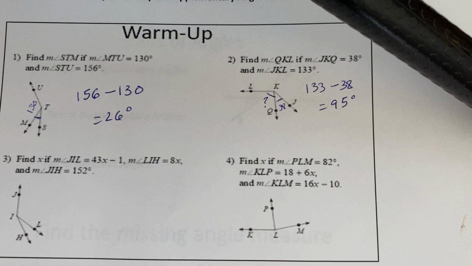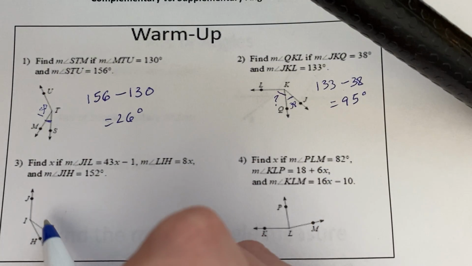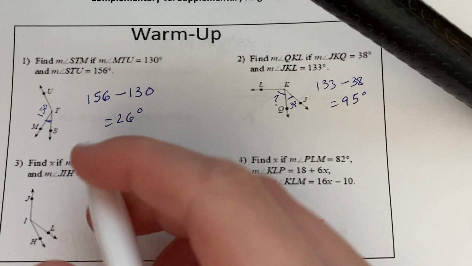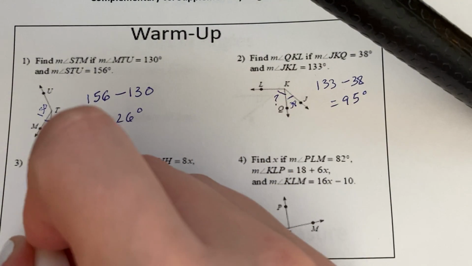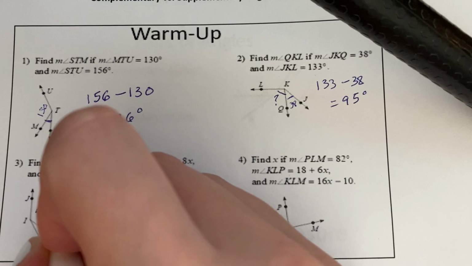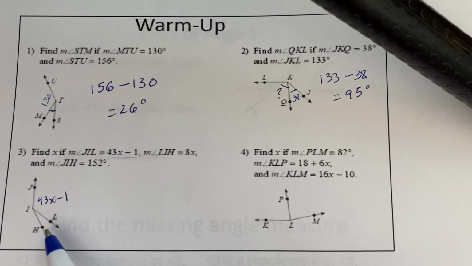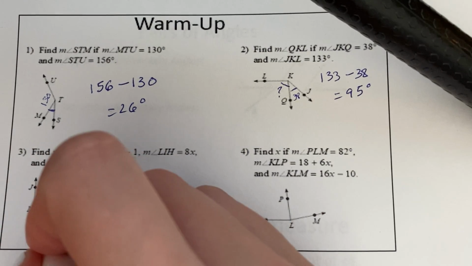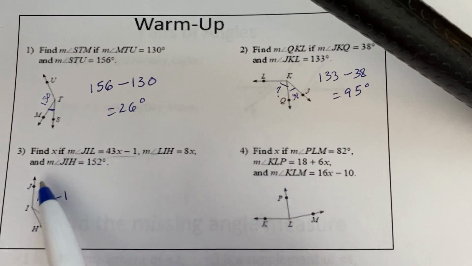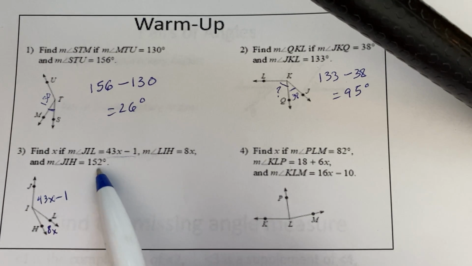Now it gets to be a little bit trickier. All right, so this time they're telling me JIL is this expression. So I'm going to label it 43x minus 1. And then LIH is 8x. And then this whole angle JIH is 152. So we're going to create an equation.